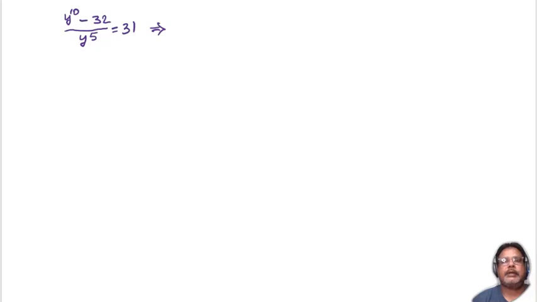Now here if you take LCM, y to the power of 10 minus 32 over y to the power of 5 is equal to 31. Now if you take y to the power of 10 minus 31 y to the power of 5 minus 32 equal to 0.